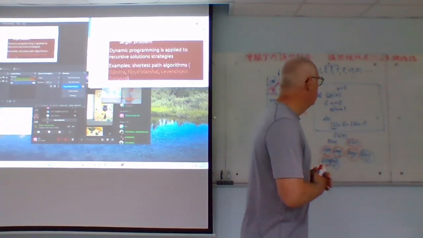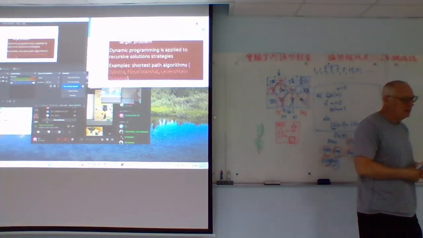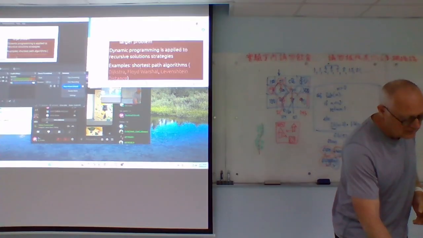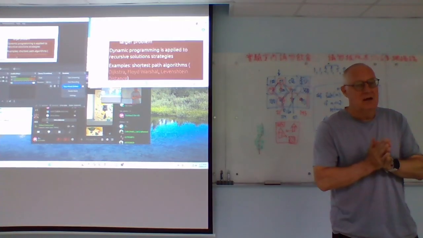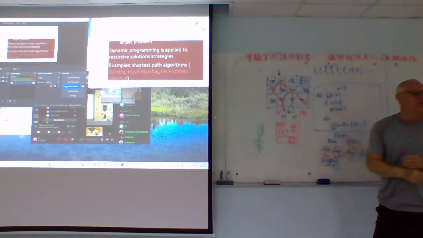So that's the first step in your dynamic programming, and in order to be able to figure out a way to apply dynamic programming. What would be the subproblems for our seam carving?